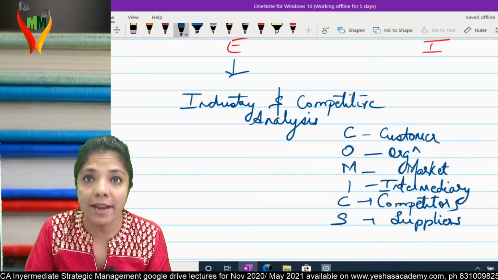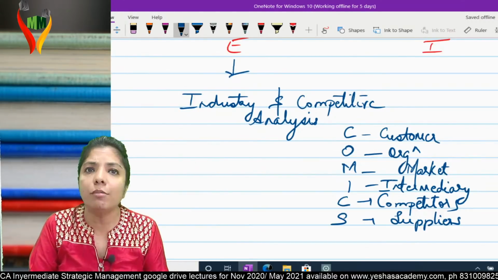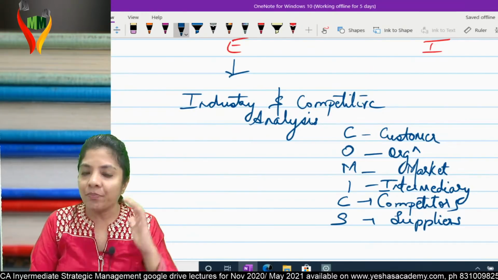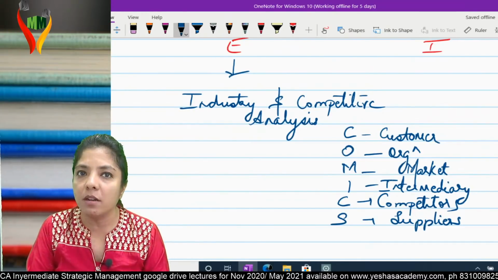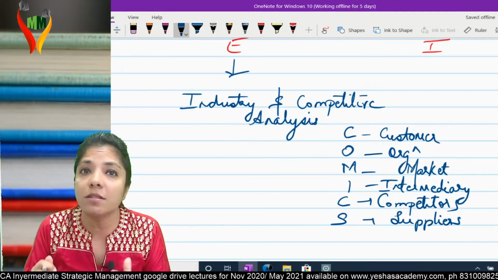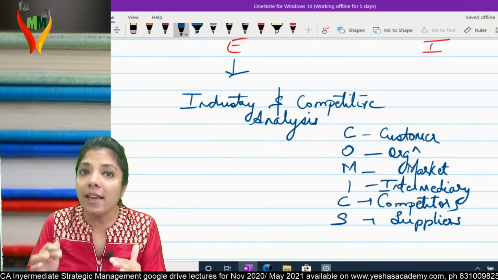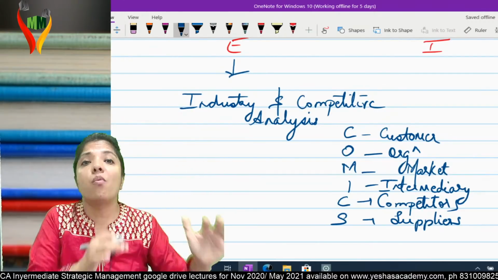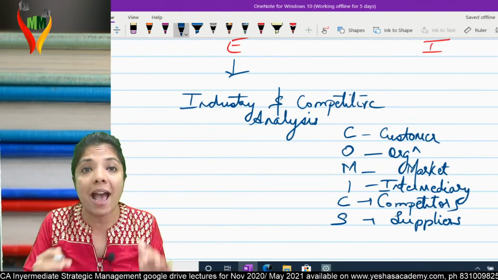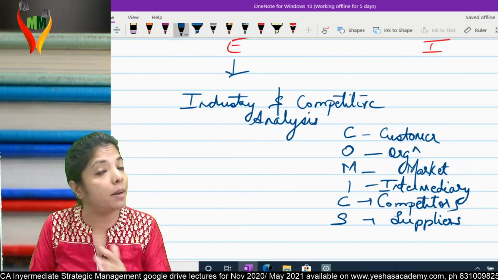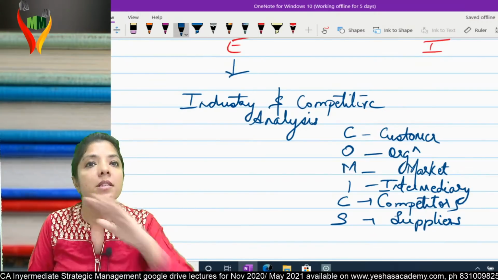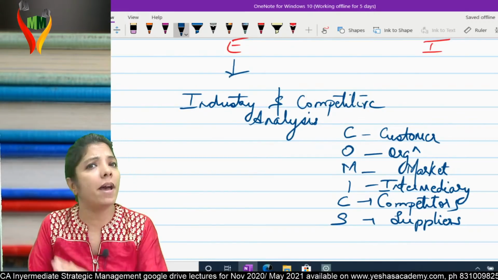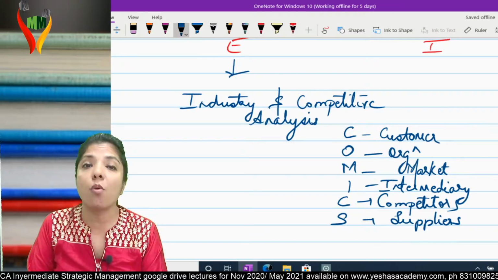Now the next question that should come to your mind is: ma'am, industry includes competitors, so industry analysis was sufficient. Why have you written industry and competitive analysis? Completely agreed, 100% agreed that industry includes competitors, and just writing industry analysis would be sufficient.